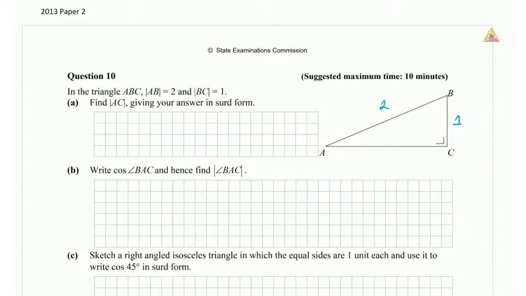So I'm going to mark onto the diagram. This is our hypotenuse because it's opposite the right angle. I'm going to put 1 as the opposite, and we'll call AC the adjacent. We are being asked to find AC, so we need a formula with the adjacent in it.